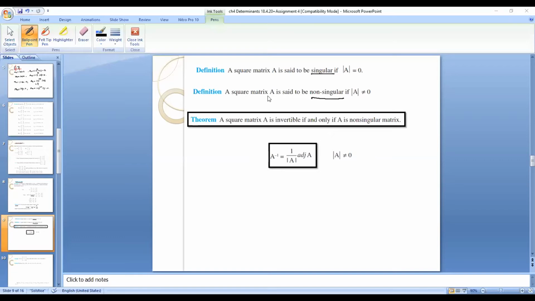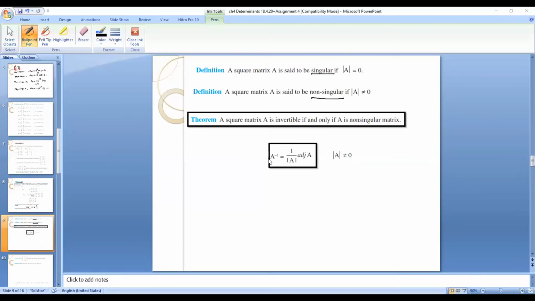And a square matrix A is said to be non-singular if A determinant is not equal to 0. These definitions you have to keep in mind. If determinant of a matrix is 0, the matrix is singular. If determinant of the matrix is not 0, the matrix is non-singular, right?